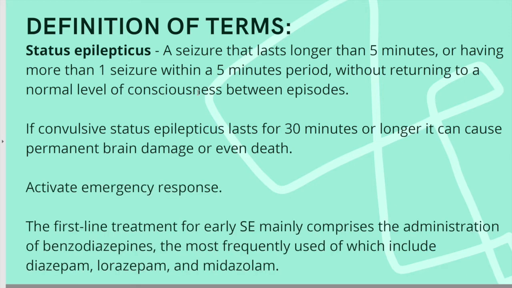And we need to activate emergency response, and the first treatment for early status epilepticus mainly comprises the administration of benzodiazepines, the most frequently used of which include diazepam, lorazepam, and midazolam.